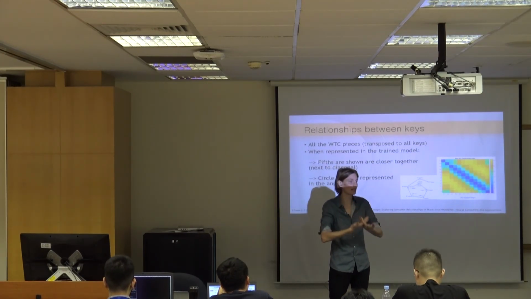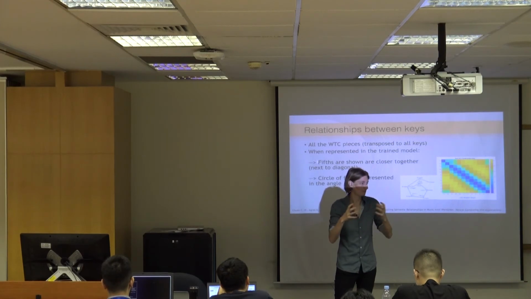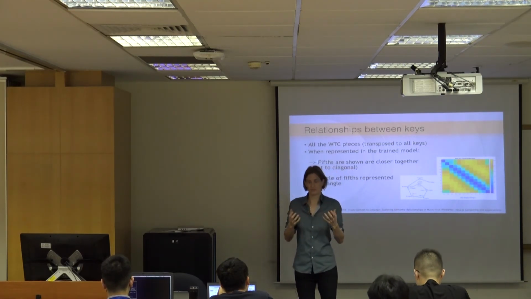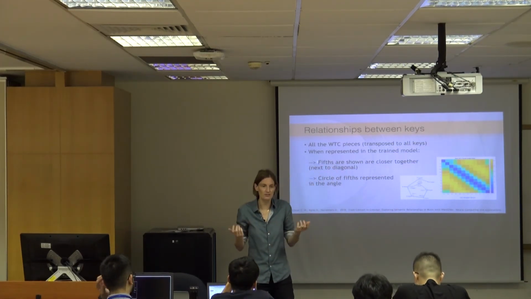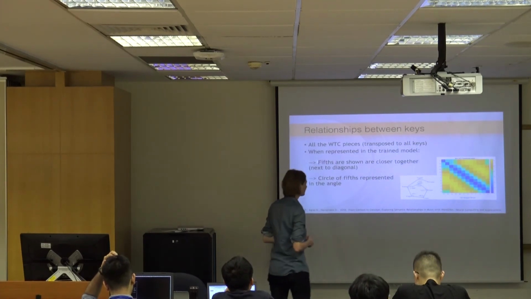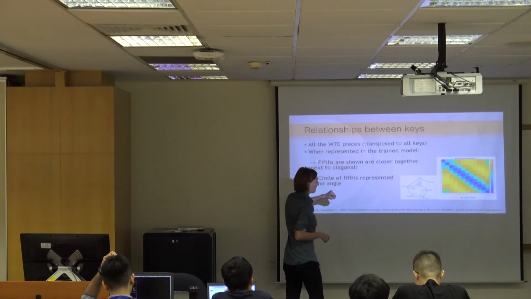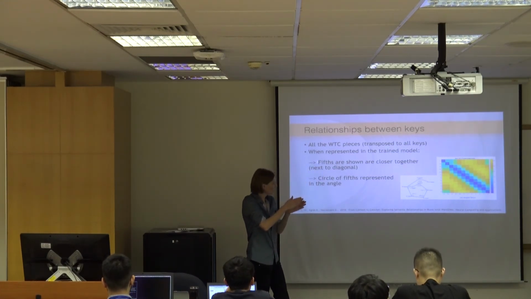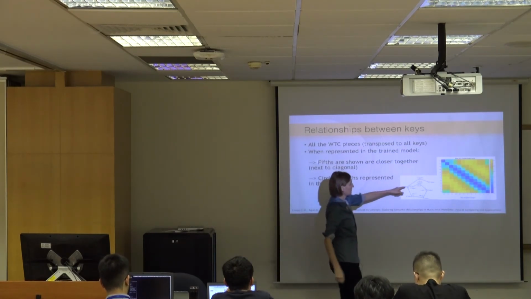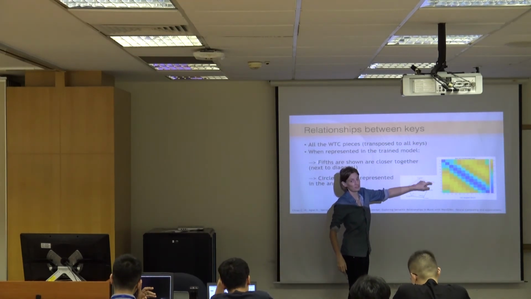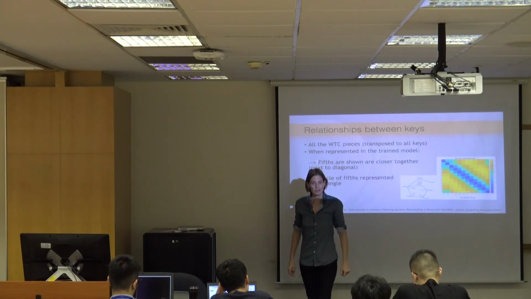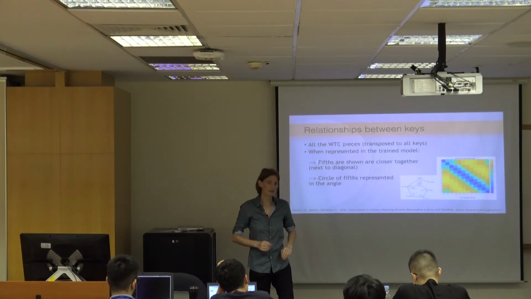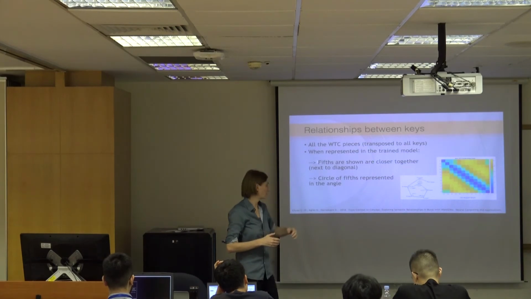So again, it's an indication that these tonal intervals are captured by the model. You capture the cosine angle, the angle between the vectors, and this angle, you could sort of see the circle of fifths in the angle, because it's always the same between each of the keys.